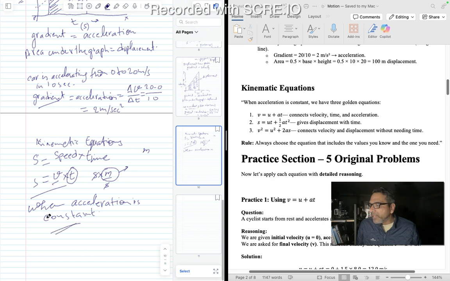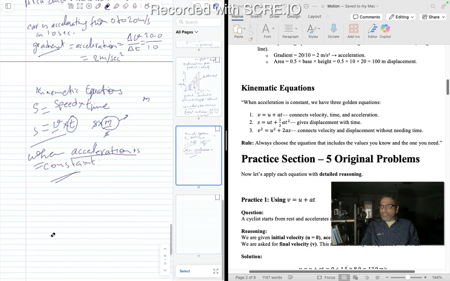What does this mean? That's what we have to understand. When acceleration is constant, it's the same, correct? So in constant acceleration, there are three equations.